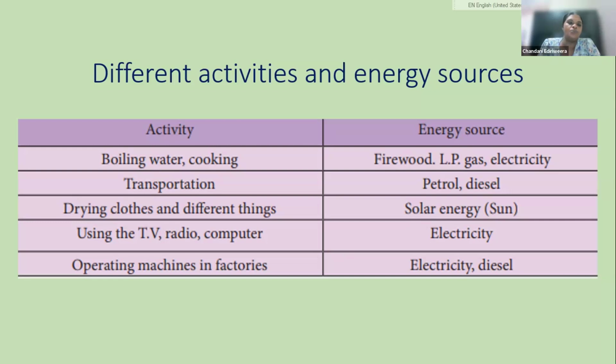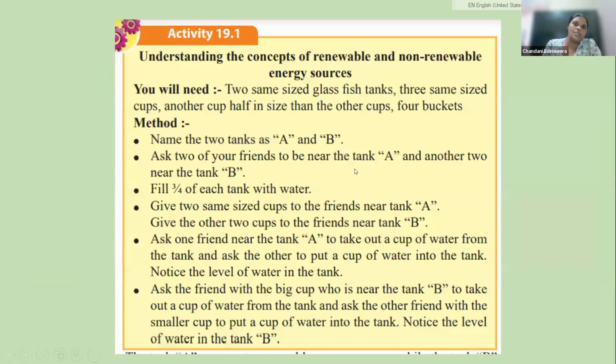Solar energy is used for drying clothes and other things, and electricity is used for many purposes. Electricity and diesel are used to operate the machines in factories. So there are different sources, right?